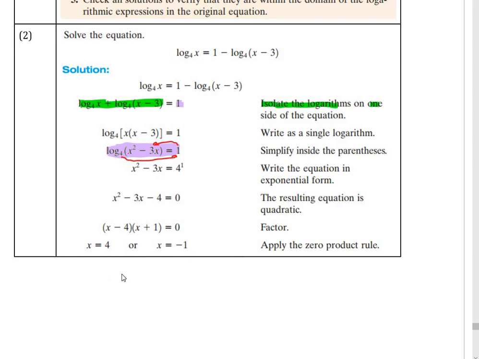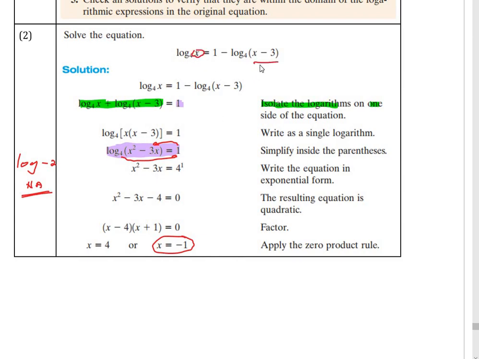And now please be very careful now that the log of a negative number does not exist. That is not applicable. It's no solution. It doesn't exist. So this x equal to negative 1 is going to make this log negative there.